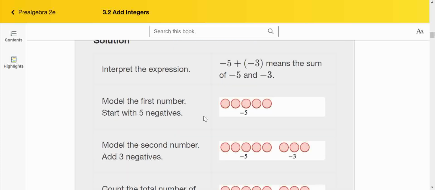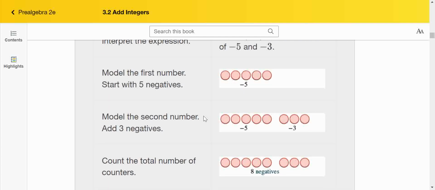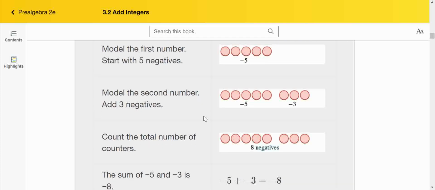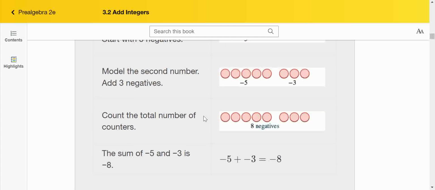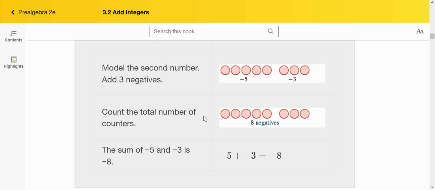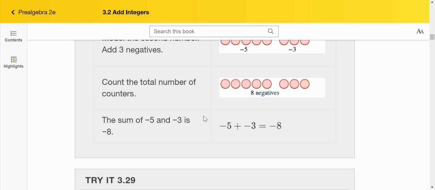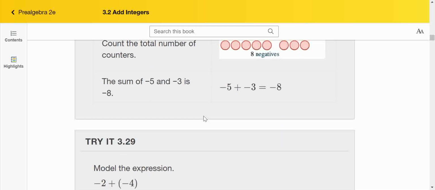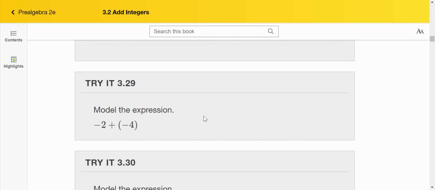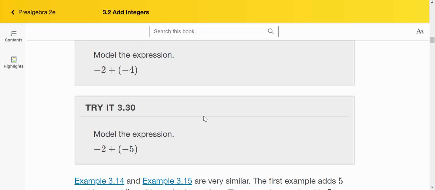Model the second number, and that's adding 3 negatives. Count the total number of counters, and you'll find 8 negatives. That is 8 red markers, so the sum of -5 and -3 is -8. Some try it problems.